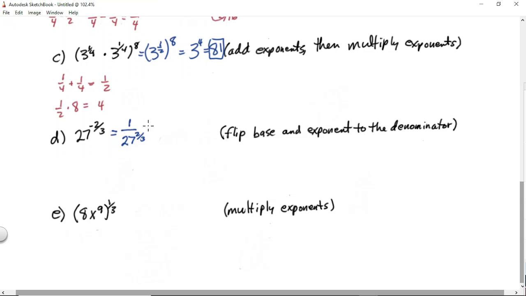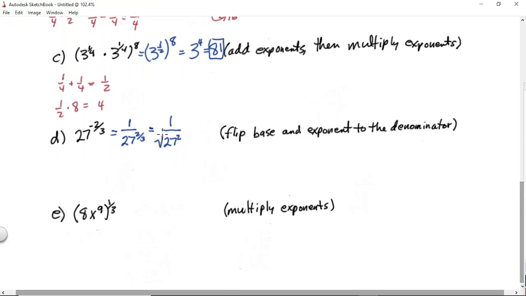Now that's all we do with exponent arithmetic. There's nothing further to do, so that's when we go ahead and put it in radical form. Okay, so it's still in the denominator, 27, and our exponent on the 27 is the numerator in that fraction, which is 2. The index is the denominator, which is 3.